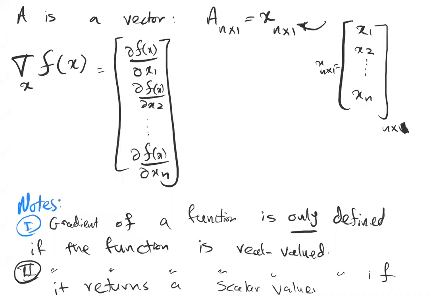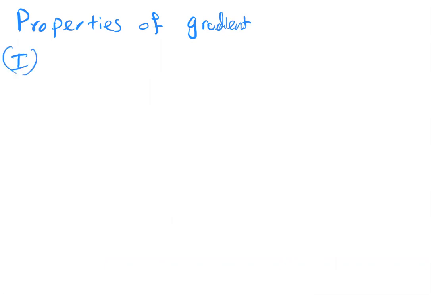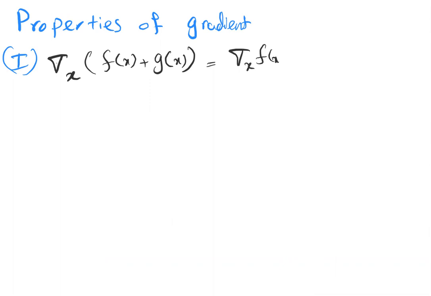There are also two properties of the gradient. The first property is that the gradient of f of x plus g of x with respect to x is equal to the gradient of f of x with respect to x plus the gradient of g of x with respect to x.